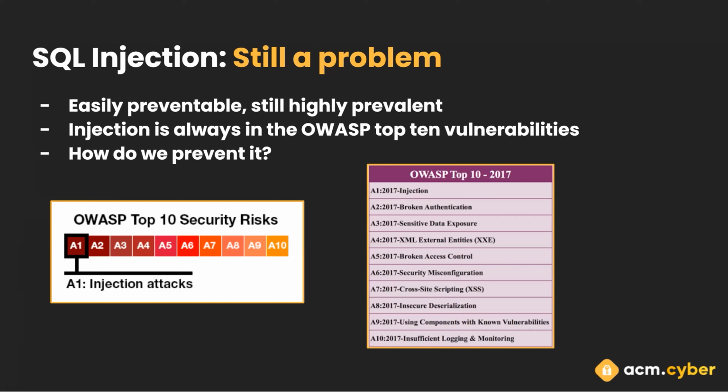If you don't know what that is, it's basically a compilation of the top 10 security risks for the year. This is the 2017 one, and you see injection is the top security risk or vulnerability. Injection is not only SQL injection, but that is one of the major players in injection.